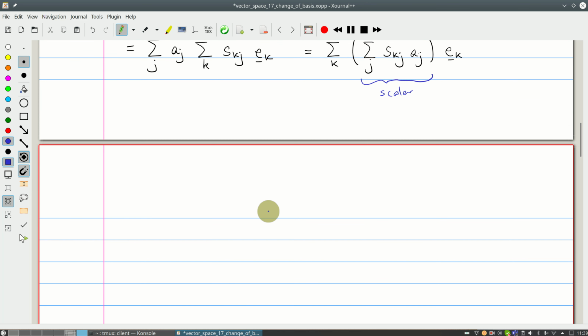Okay, so what we have shown is therefore the 0 vector is equal to, if I call these scalars, we are summing over j, so they depend only on k, let's call them b_k, the sum over k of b_k e_k.